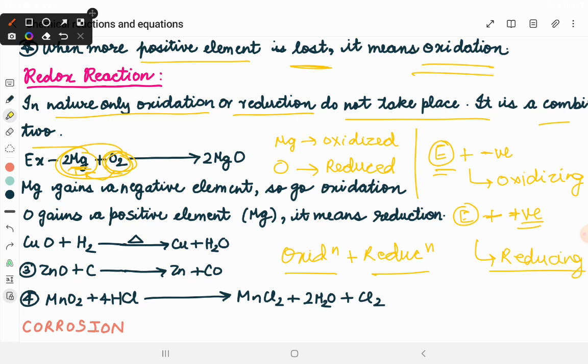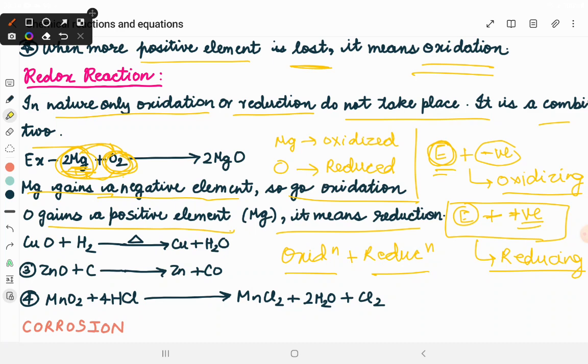Oxygen is getting something positive, so the oxygen is reduced. And magnesium is getting something negative, so it is oxidized. So magnesium gains a negative element, so it is oxidation, and oxygen gains a positive element, so it is reduction.